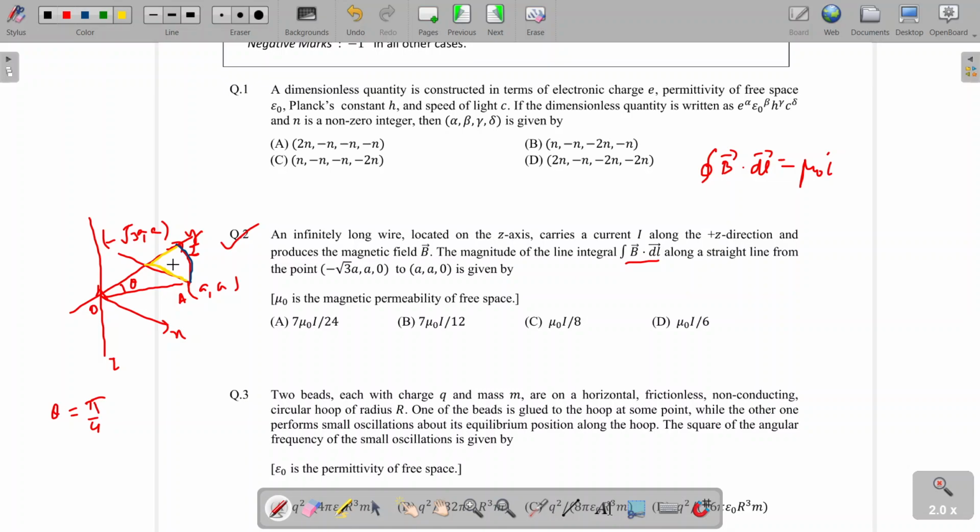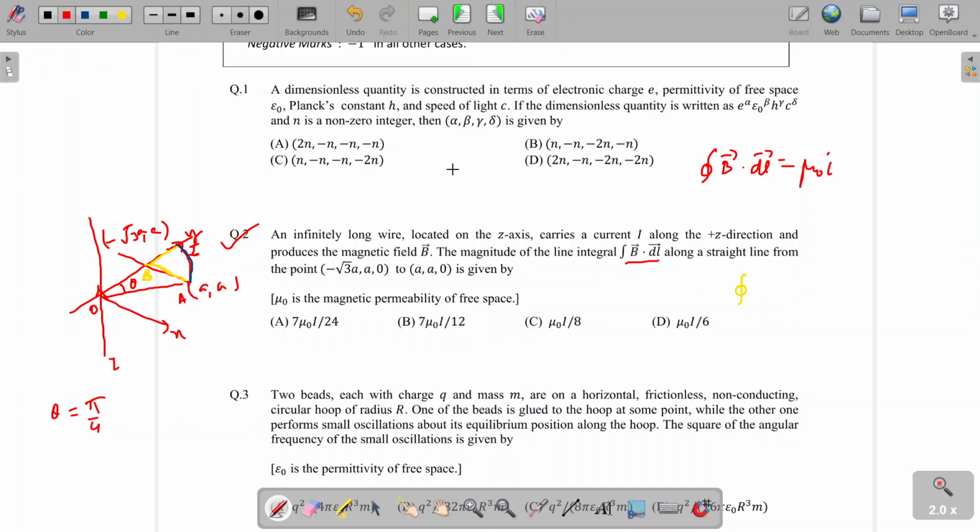There is no current threading this loop. That means B dot dl along these two lines should be equal, which is what we are aiming for. We will say that B dot dl along the line AB is the same as B dot dl along AI. B dot dl along AI is relatively easy to find.